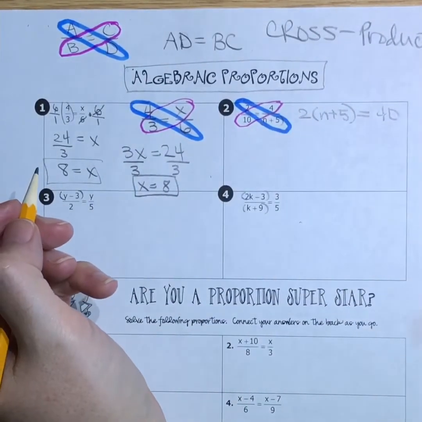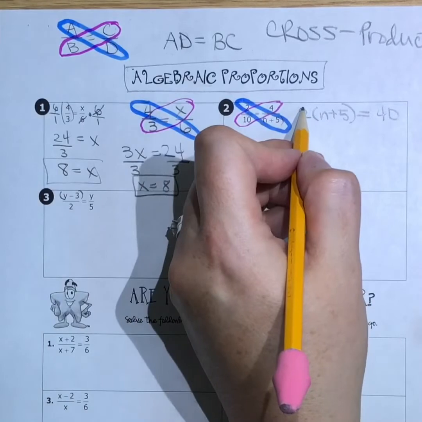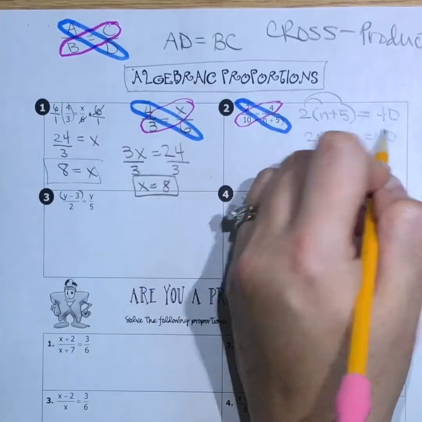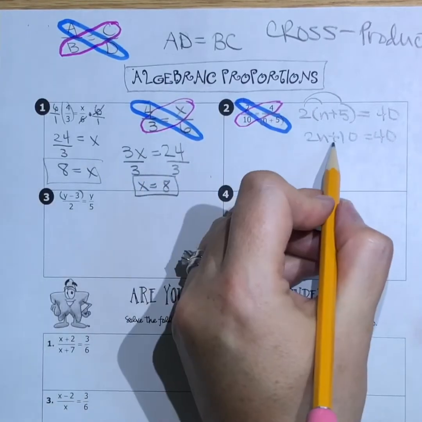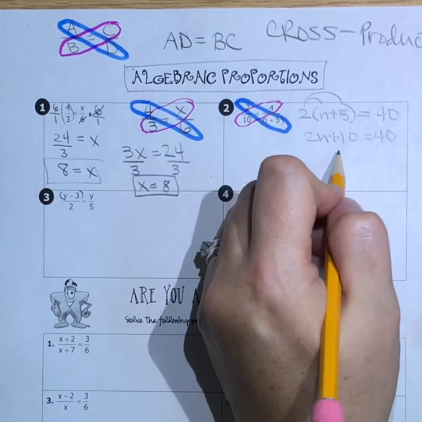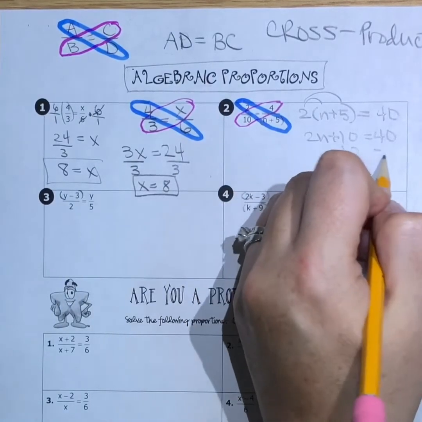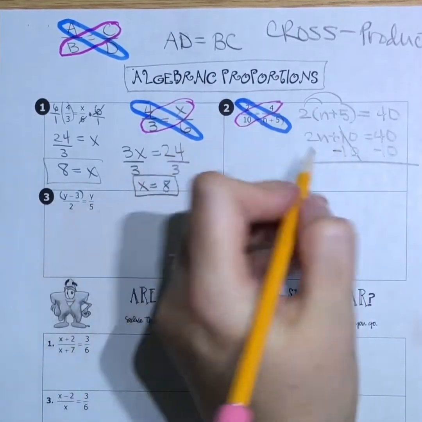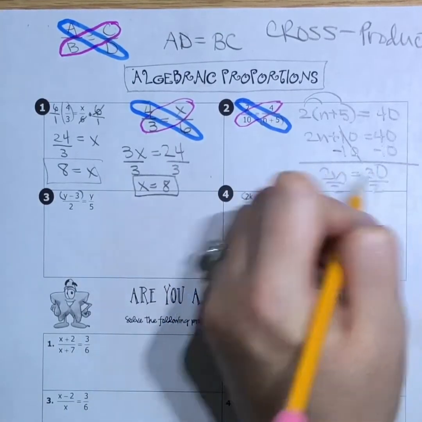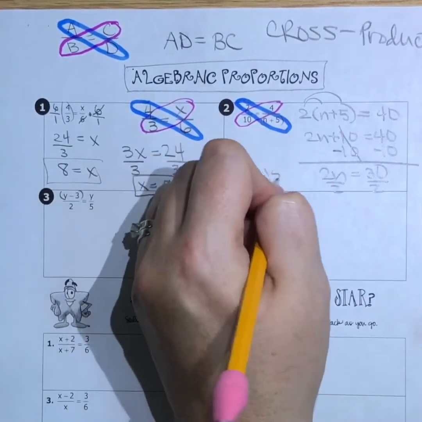Okay? Now, if you distribute, you get 2n plus 10 equals 40, and then we don't have all our variables on the left side, so we're going to eliminate the positive 10 by negative 10 on both sides, and you get 2n equals 30, and divide by 2, and you find that n is 15. Okay.